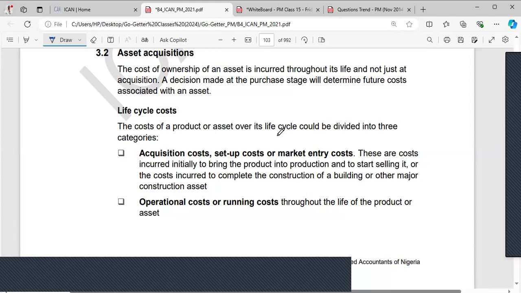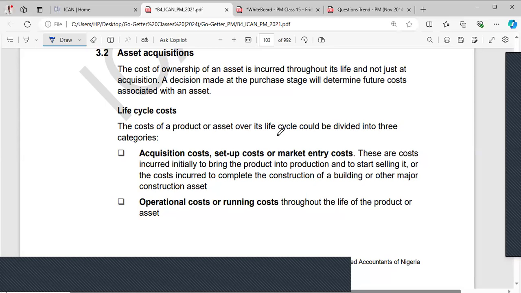So it means that, for example, you want to buy a baking machine, and the cost of the baking machine is 50 million naira. It will not only include that 50 million naira, but also the cost of bringing the machine from, let's say, McAdams, a popular company that sells this machine, down to your factory where it is going to be installed, and the cost of installing it.